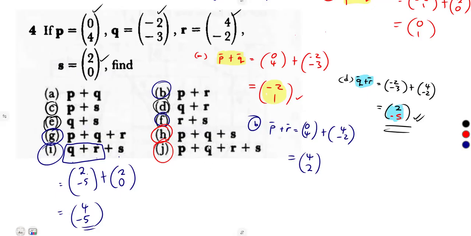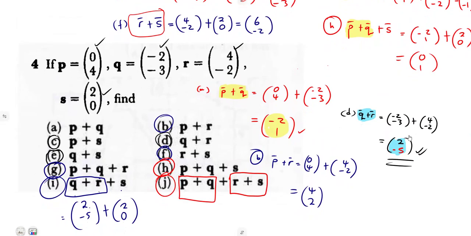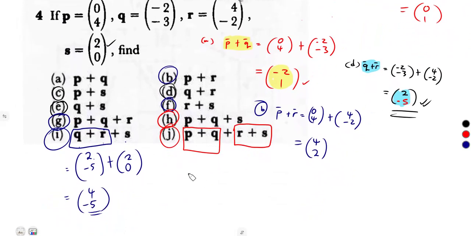Okay, another one we can consider here, this is P plus Q. We have P plus Q. All right, what about R plus S? Yes, we calculated R plus S here. This is R plus S. So we're going to separate P plus Q separately, then R plus S separately. All right, so we have these vectors. We calculated them before.